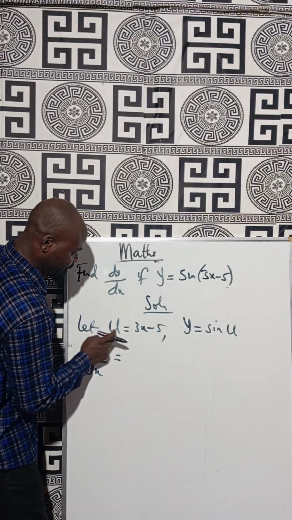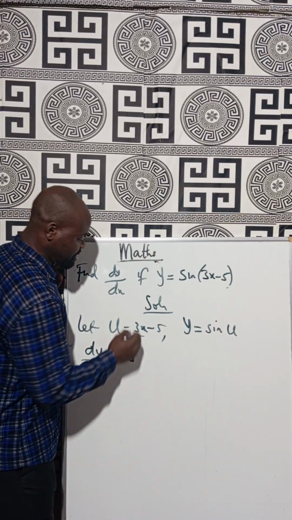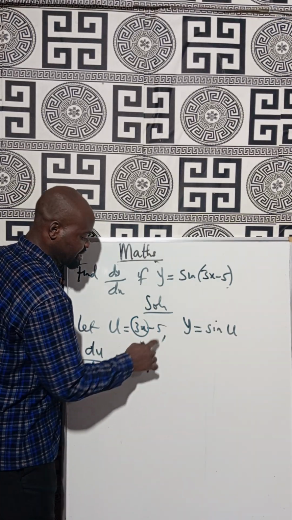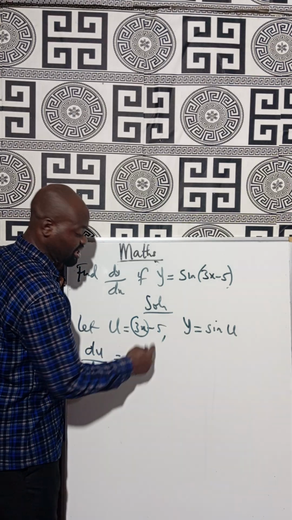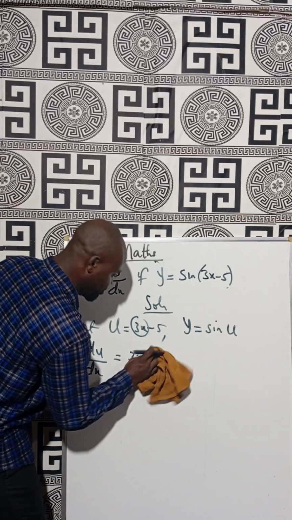Let's look at them one by one. Du dx. 3x turns to 3 like I told you before. If you see ordinary x, just remove it and write the number. This ordinary number turns to 0. 3 minus 0, and that is 3. So we have 3 for our du dx.